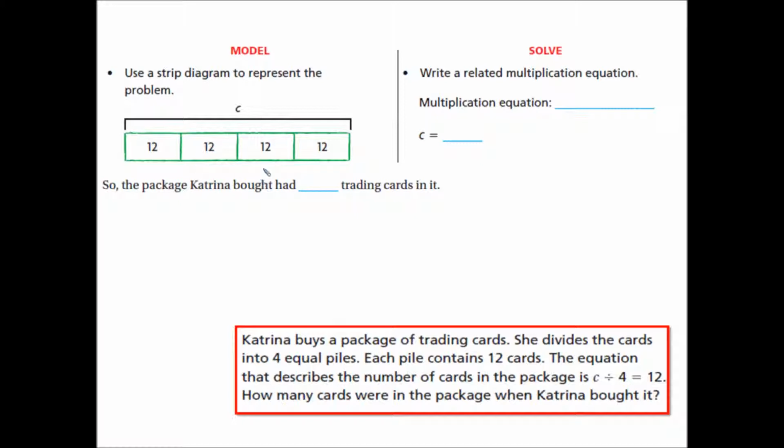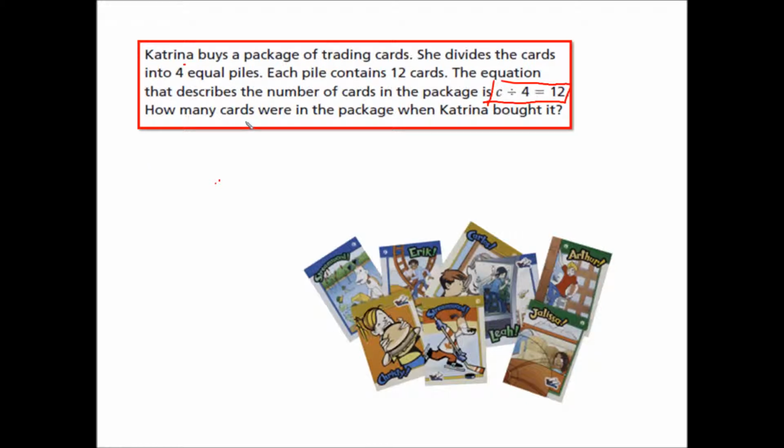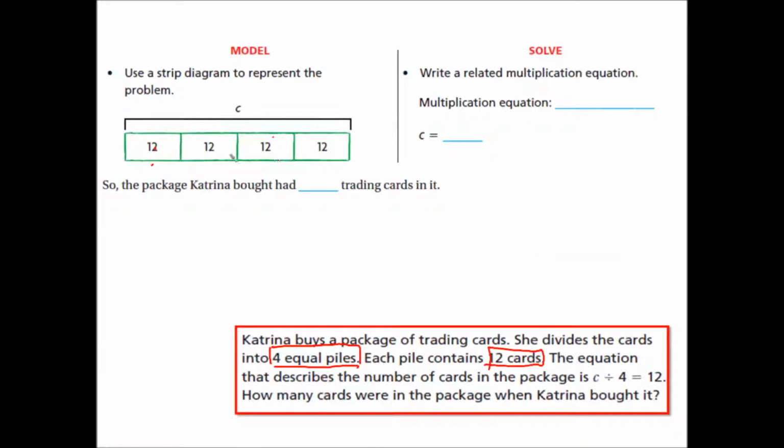Okay, so this is what that model looks like. We have this big package of trading cards. She divides the cards into 4 equal piles. That's 1, 2, 3, 4. Each pile contains 12 cards. So she divided them up. When she divided them up into those 4 piles, she ended up having 12 in each pile.